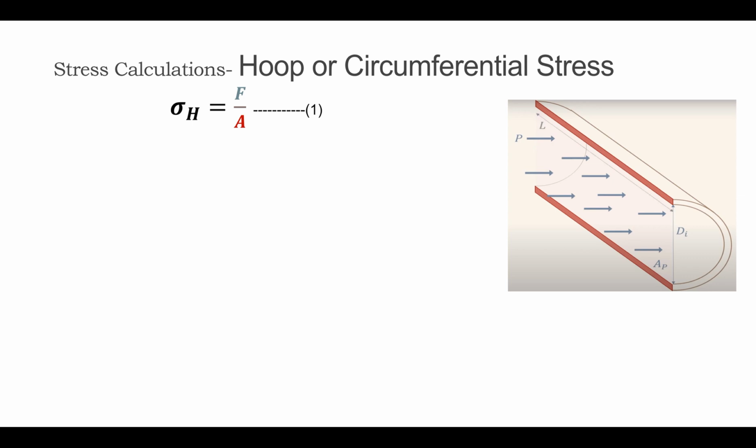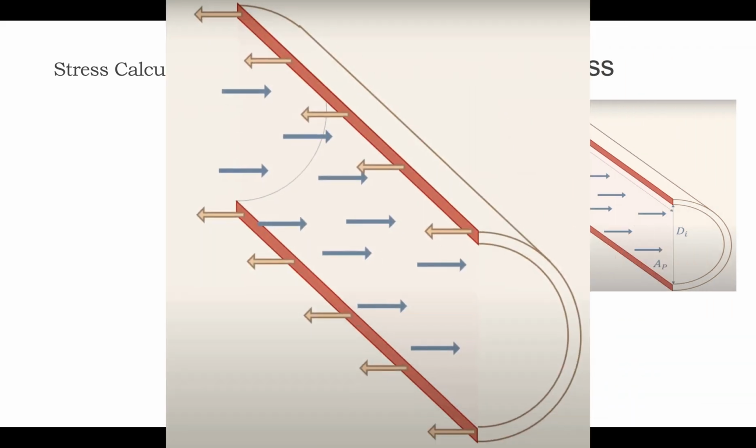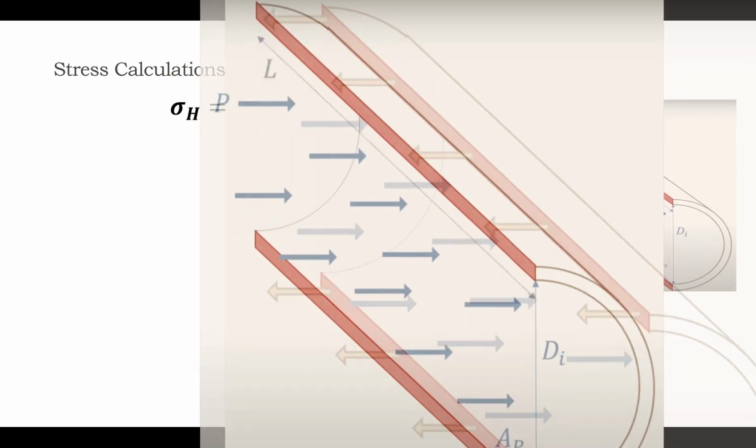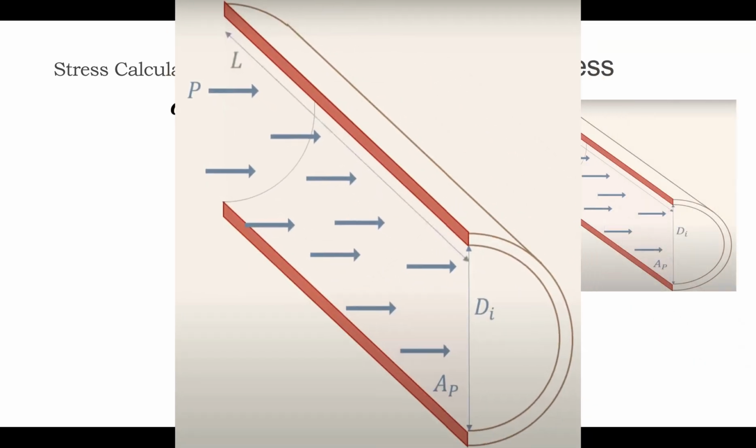This means we need to consider the applied force acting on the pipe, which is pressure in our case, and the area where this force will act, which is the internal diameter of the pipe at the length L of the pipe.